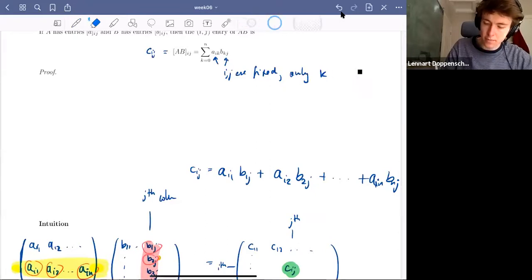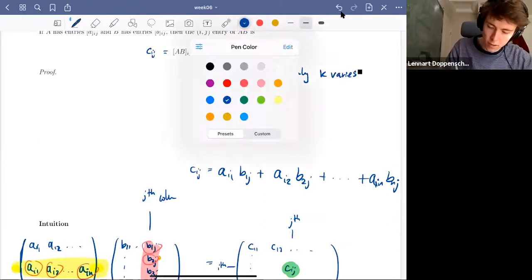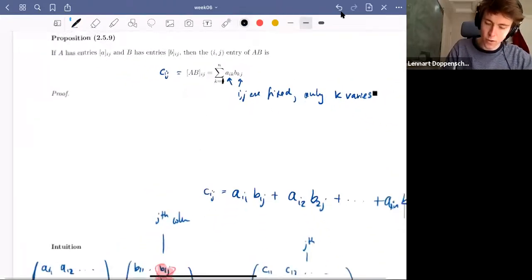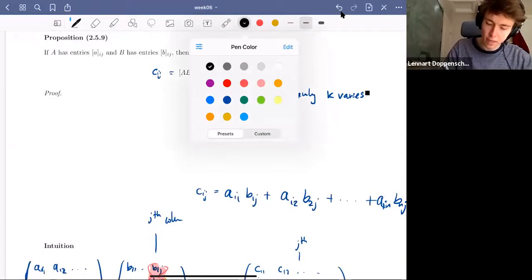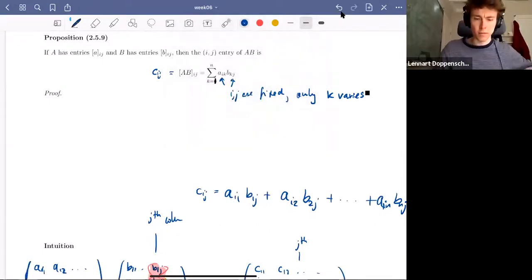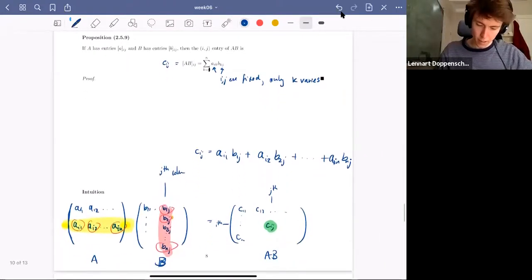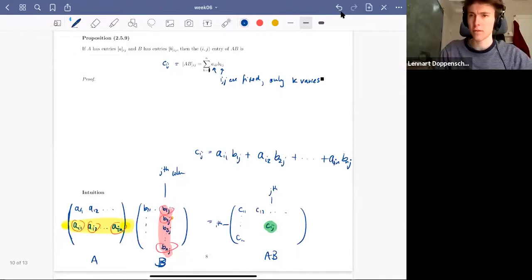So k is going from not 0, but rather 1 to n. Any questions so far? I probably should improve this. Any questions so far?